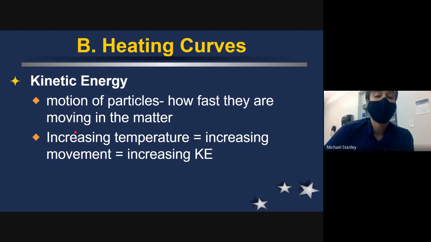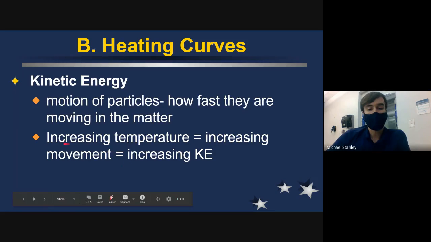We also mentioned that as we increase the temperature of our matter, it makes the motion of our particles go up. And when motion goes up, that means our kinetic energy is going up.